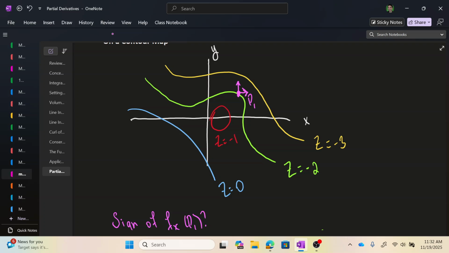And I can see in this image that a small movement vertically straight up is going to take me from the level curve z equals -2 toward the level curve z equals -3. Once again, from -2 toward -3.